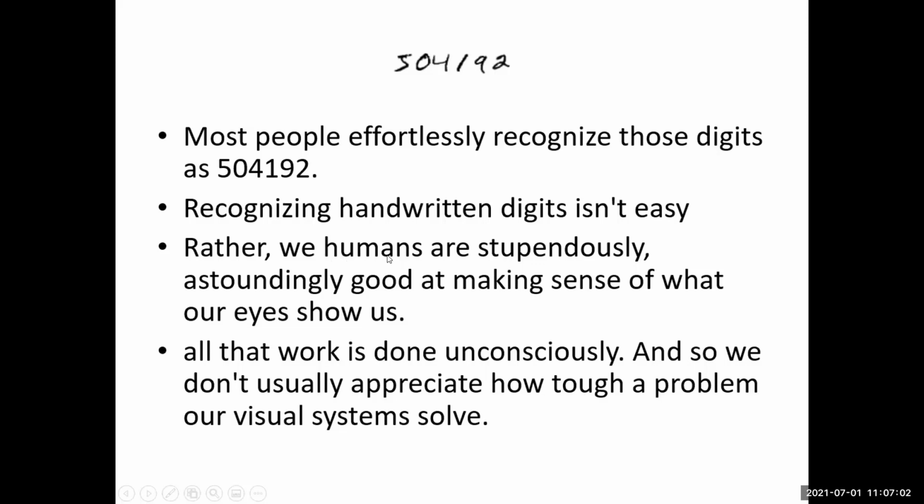It's just that we humans are stupendously, astoundingly good at making sense of what our eyes show us. We have a super capacity to do this. It's not that it's easy, it's that in our brains we have this amazing capacity. All that work is done unconsciously, and so we don't usually appreciate how tough a problem our visual systems can solve.